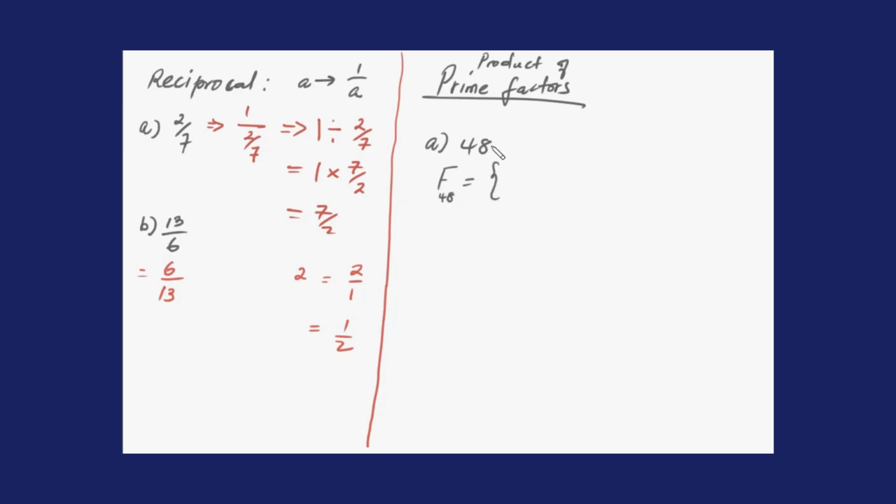they would be 1, 2, do we have 3? 48 divided by 3, yeah, it's 16. 3 times 16. Do we have 4? Yes, 4 times 12. 5, no. 6, yes.